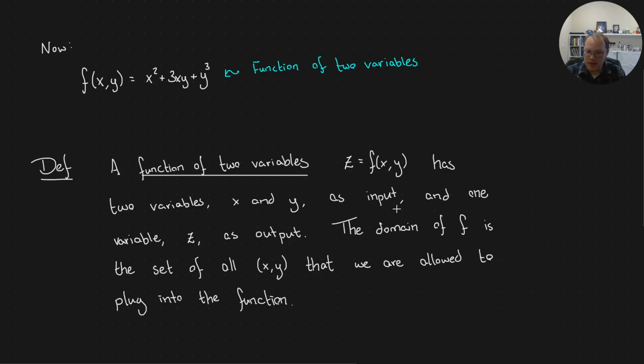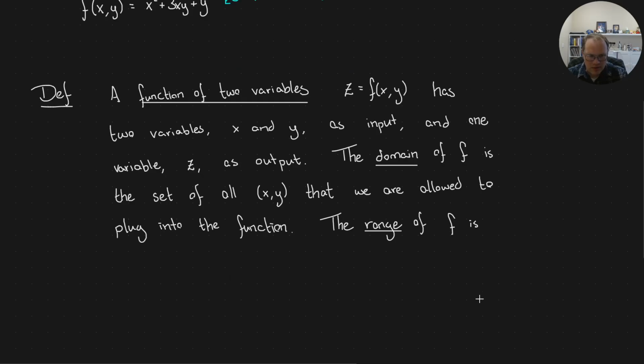But most of the time in this class and in other classes, we use an implicit domain, which is all the values that you can plug into the function without it breaking, without something happening like division by 0 or a negative under a square root, something like that. Okay? So most of the time we use that implicit domain. The domain is everything that you could plug in without the function breaking in some way. Okay? And of course the range is the set of all output values.